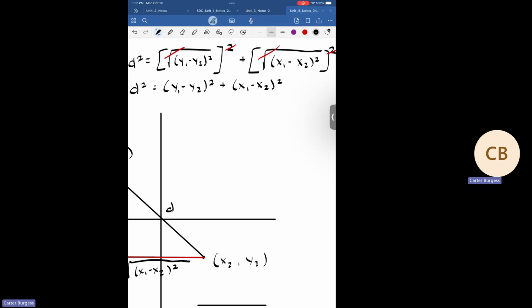Which is just Pythagorean theorem, right? Very, very literally a direct application of Pythagorean theorem, where again, this is just the absolute value of my y displacement. This is just the absolute value of x.